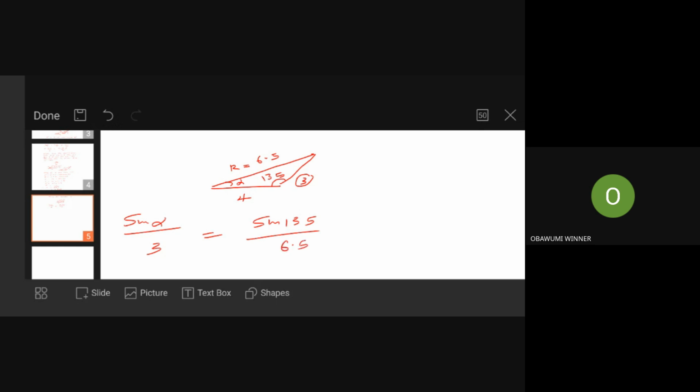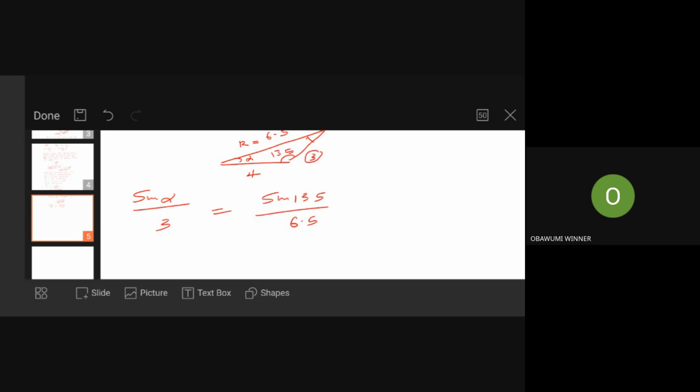I can't use 4 because I don't know the angle there. So I can only compare 135 and 6.5, and alpha and the side 3.